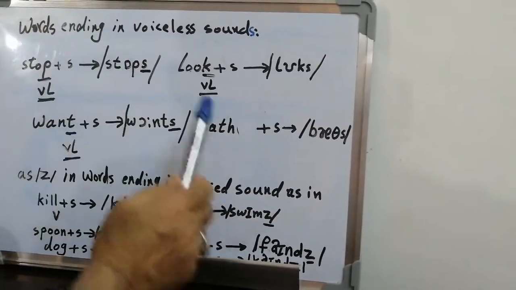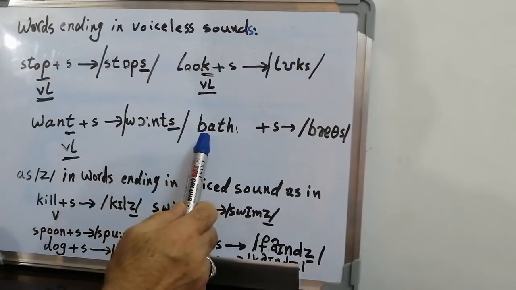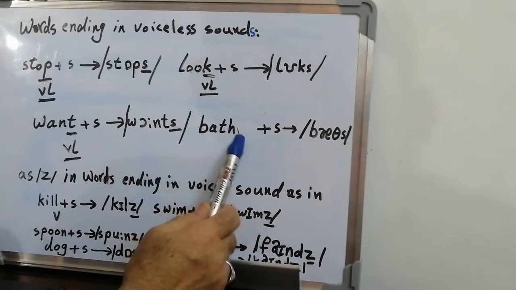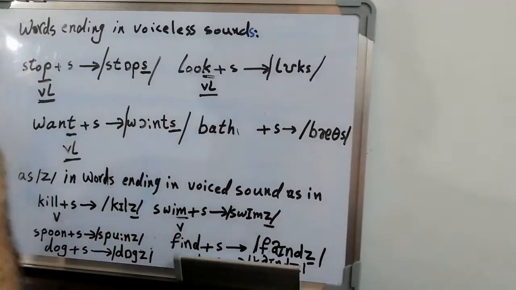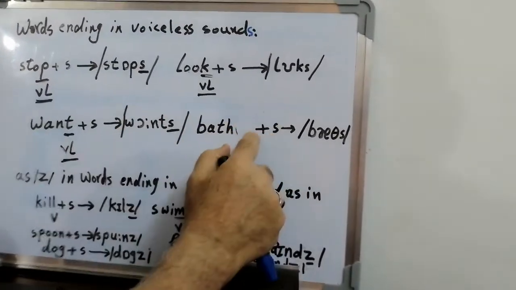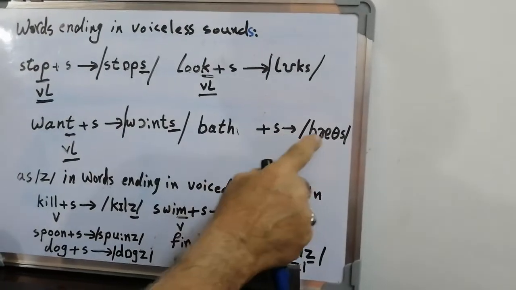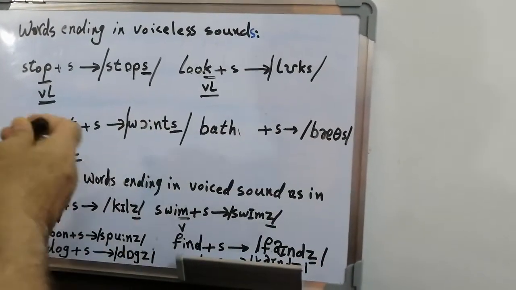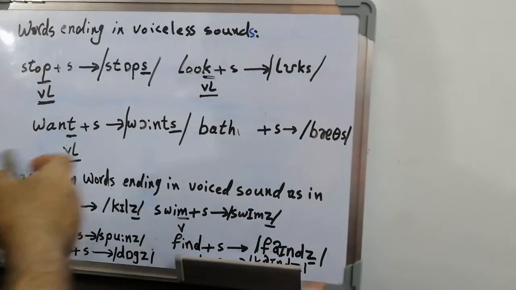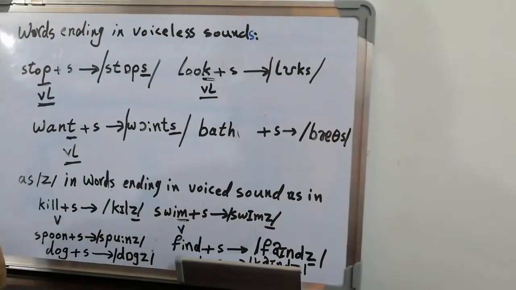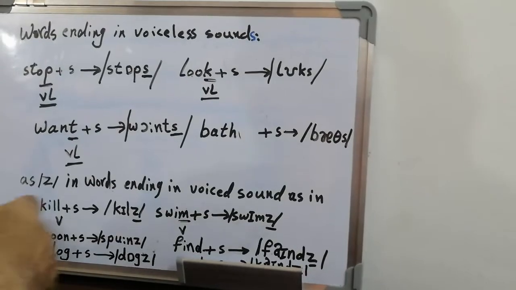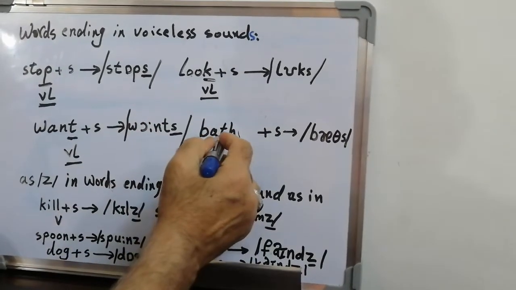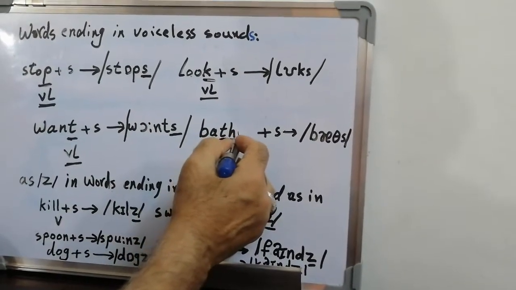Also, we have it in the word bath. Bath can be a noun. Bath can be what? A verb. So when I say baths, the sound with which the word bath ends is this th.